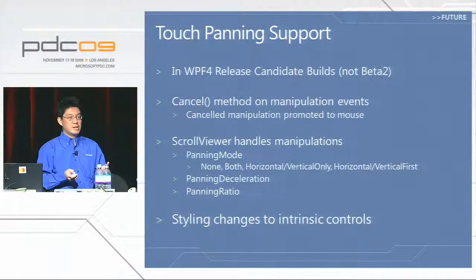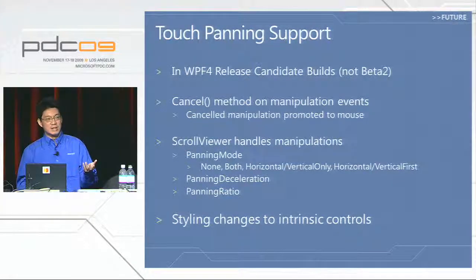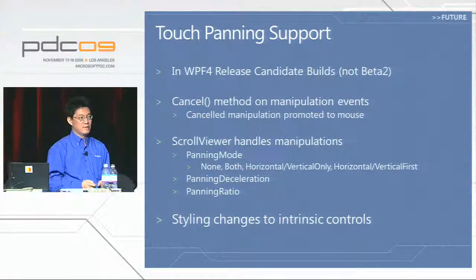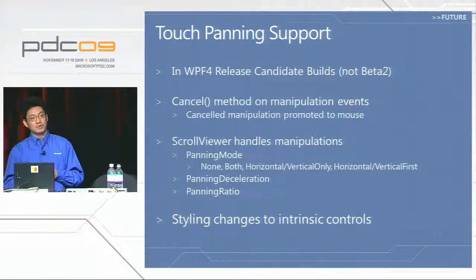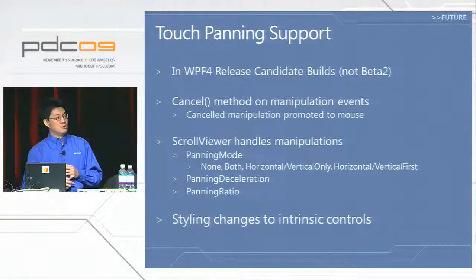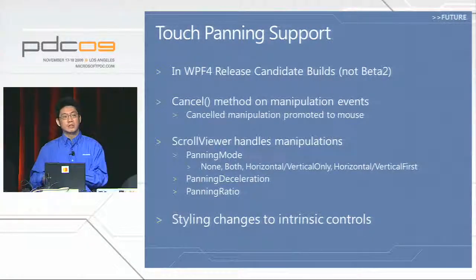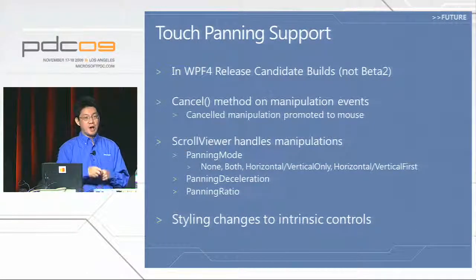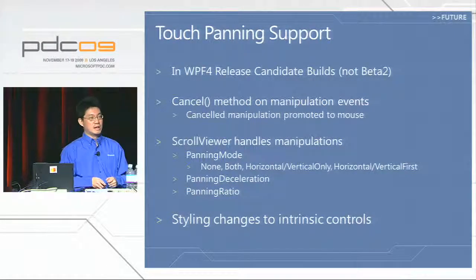So this touch panning support, if you have picked up Beta 2, you actually won't see that. The next release that we have will incorporate this functionality. Along with that, we added the cancel method that allows you to cancel an existing manipulation and promote to mouse. So that gives you a way of incorporating existing controls that are not touch enabled into your custom controls.